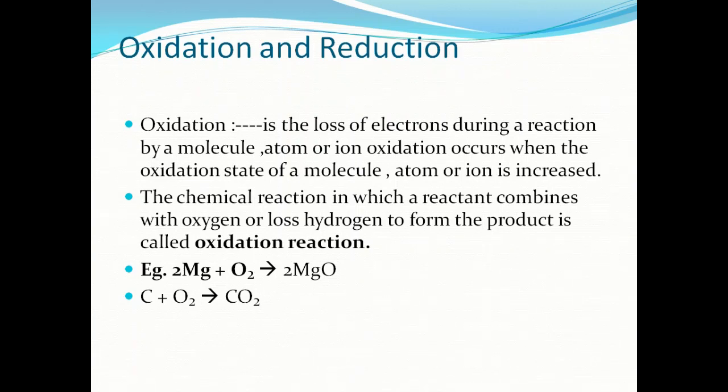The chemical reaction in which a reactant combines with oxygen or loses hydrogen to form the product is called an oxidation reaction. For example, magnesium combined with oxygen forms magnesium oxide. And next, carbon is combined with oxygen and forms carbon dioxide.